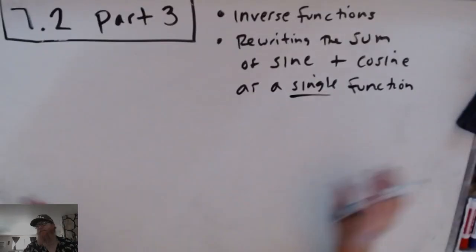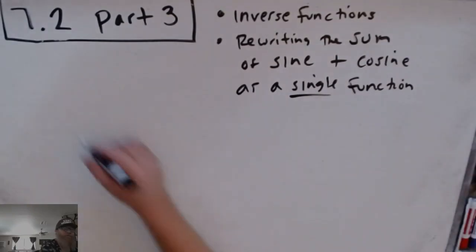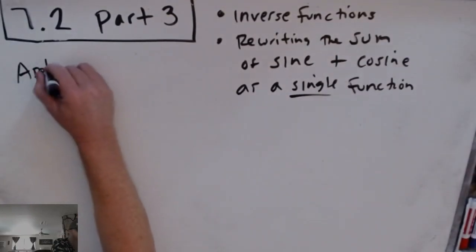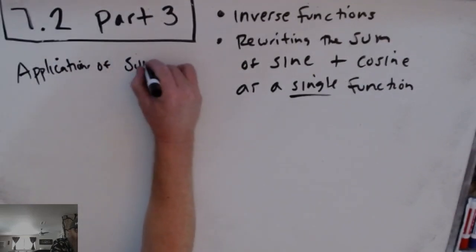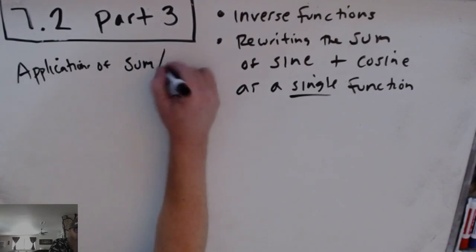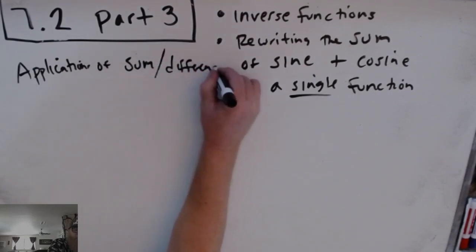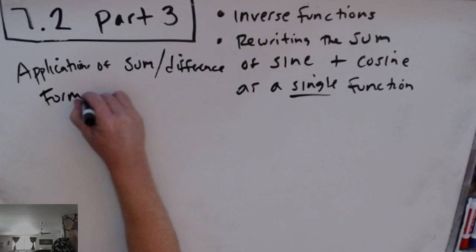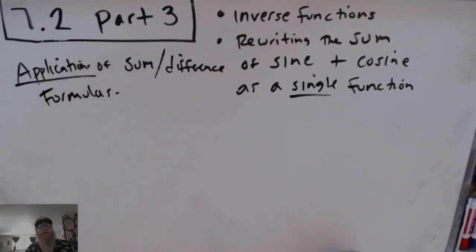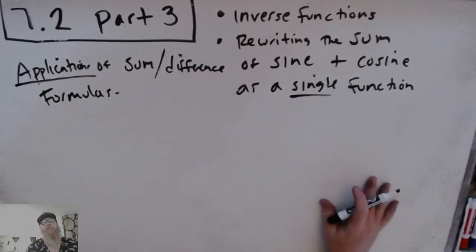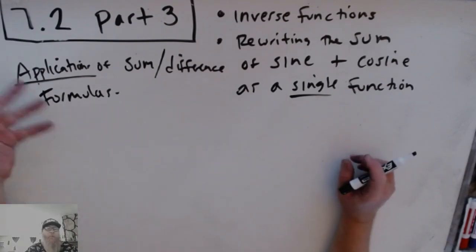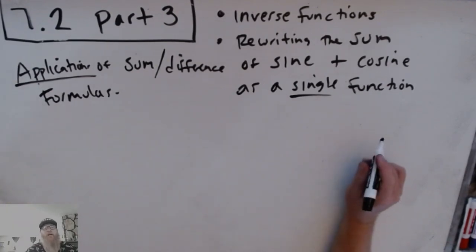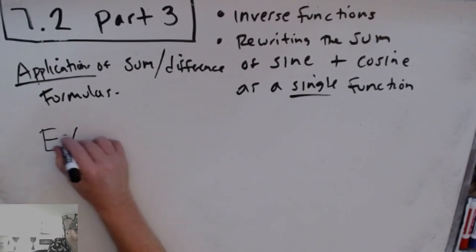So you can kind of consider these applications of the sum and difference formulas. In the very loose sense of the word applications, we're not going to solve any real-world engineering or physics problems or anything like that. These are still just abstract math problems, but they're in the realm of applications of what we've been talking about over the last couple of days.